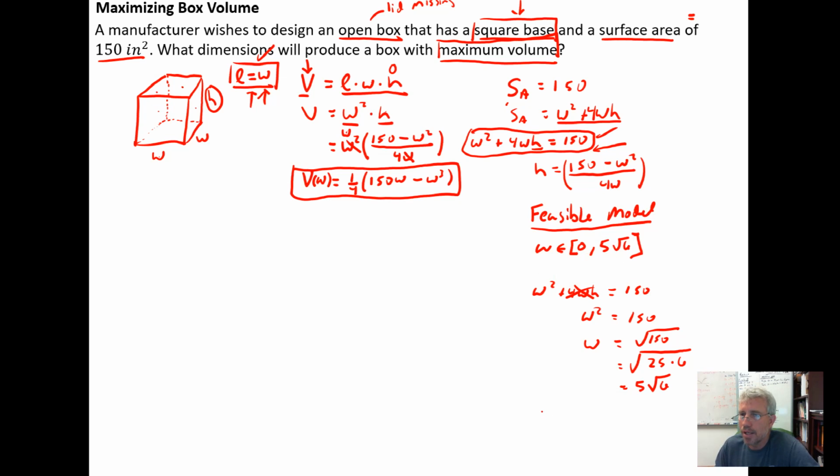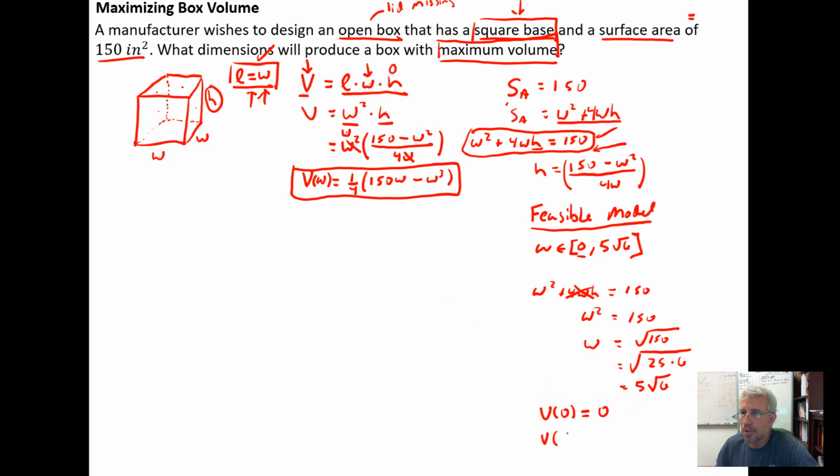And what we want to recognize in particular is that if the width is 0, then the volume will be 0, because we'll have 0 times length times height is 0. So volume at width of 0, volume is going to be 0.